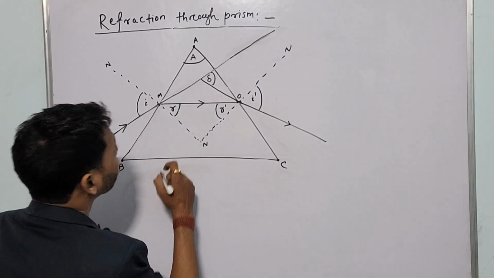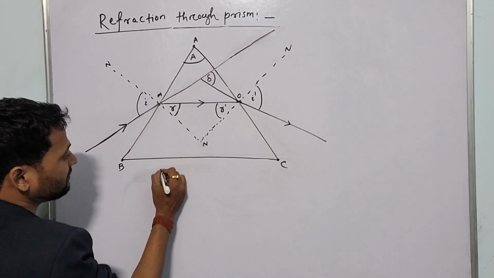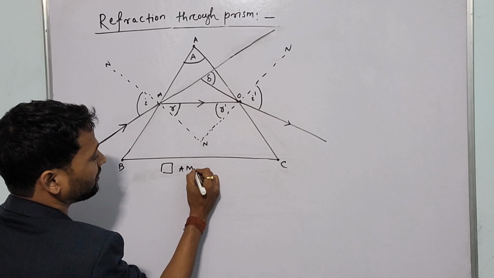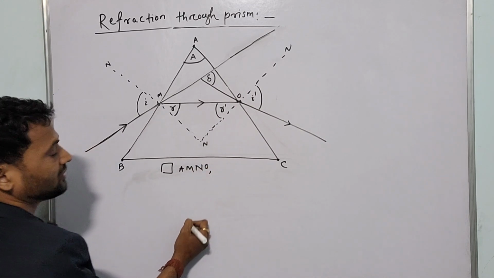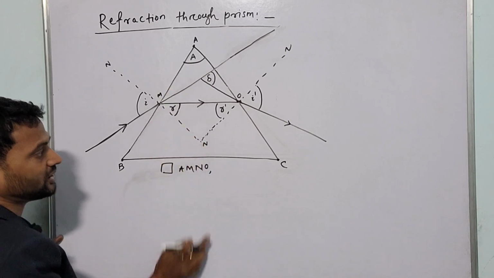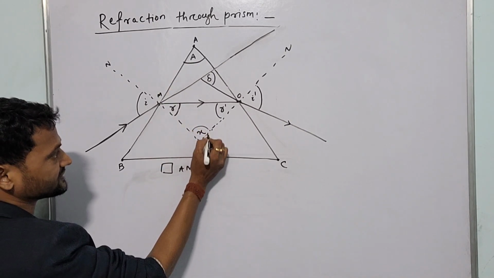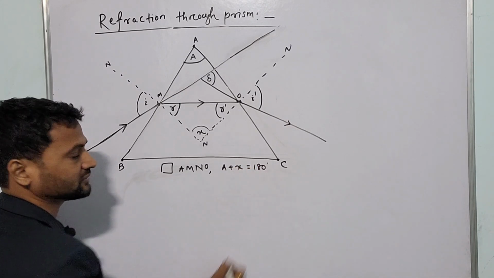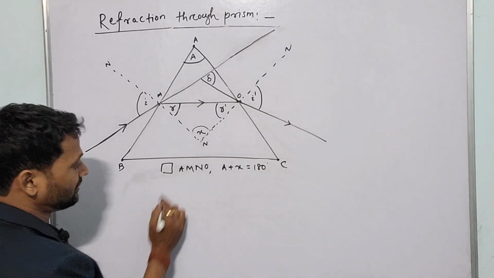Okay. So now if I consider the quadrilateral AMNO, I can write the sum of two opposite angles will be 180 degrees. Let this angle be x. So I can write A plus x will be 180 degrees. Clear? Okay.